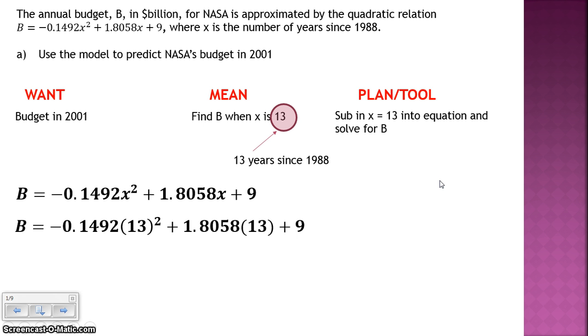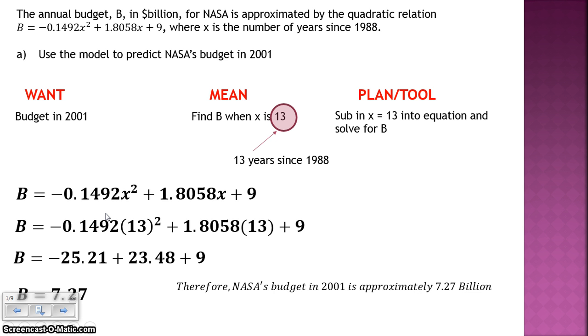So remember you have to go 13 times 13 first before you multiply it to the 0.1492. And once you do the next step, those are the numbers you get. And we can finally simplify to 7.27. So you know that the NASA budget in 2001 was approximately $7.27 billion.